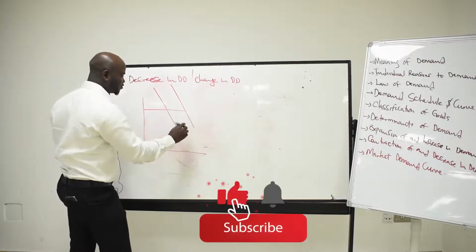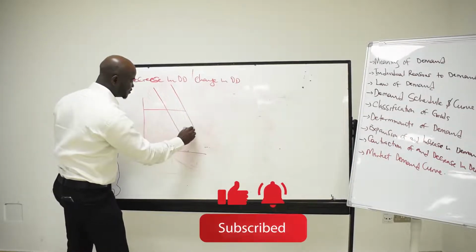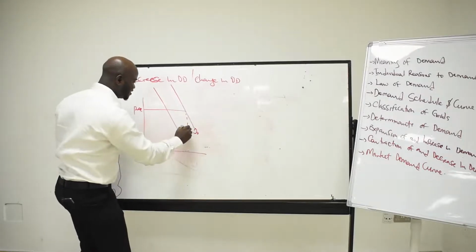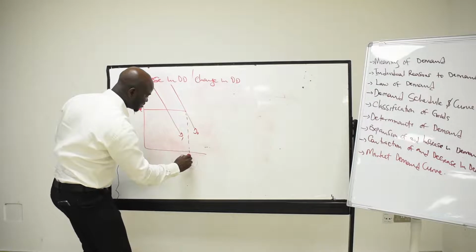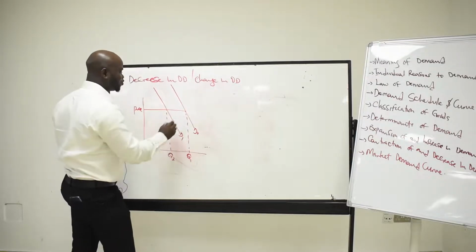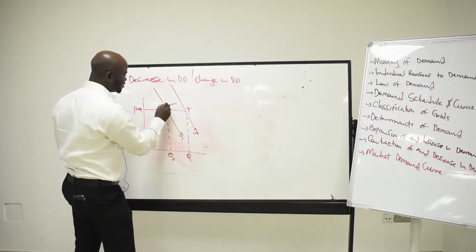So when you trace it down like this, let's say here is Q1, then when you trace it down, here is Q2. You can see what happened.